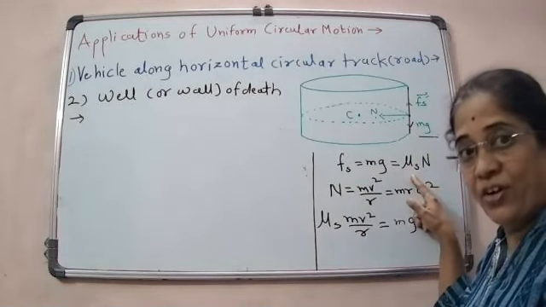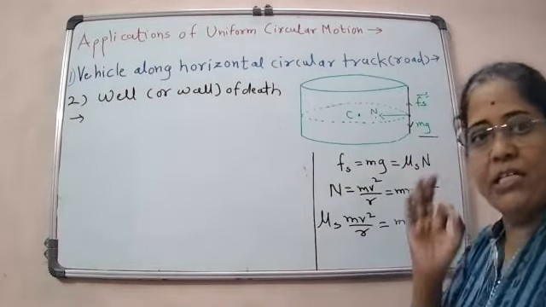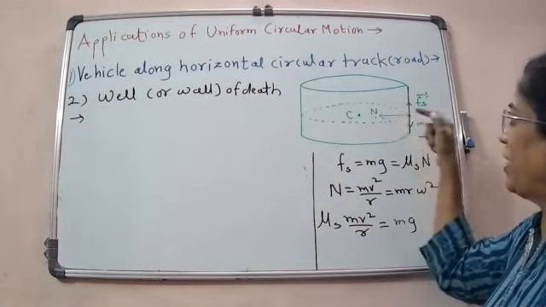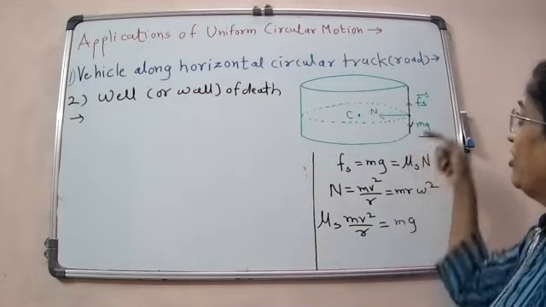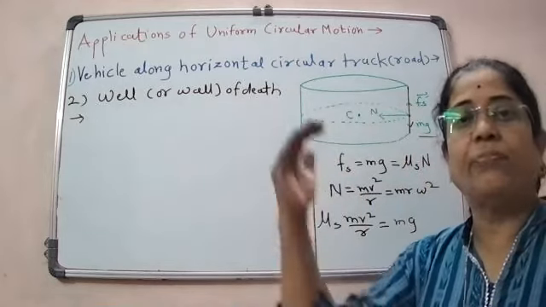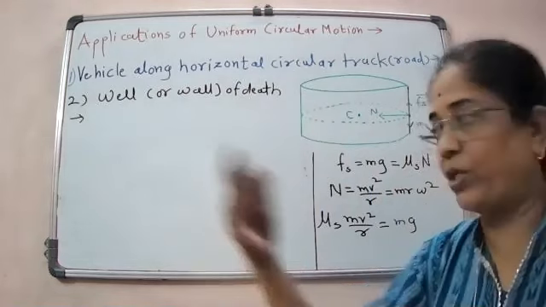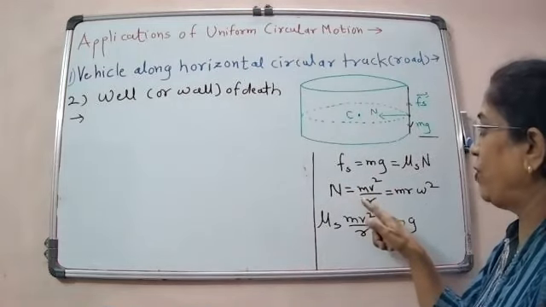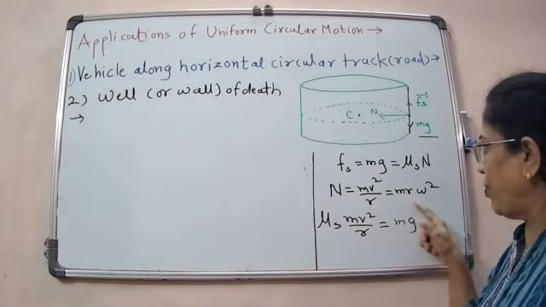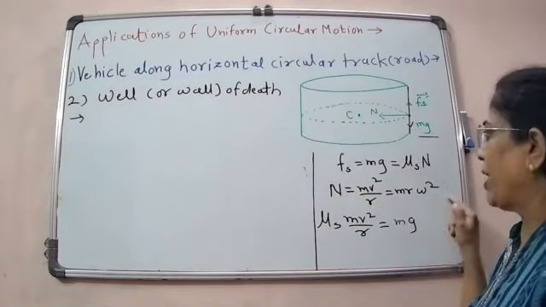What is mu s? It is the coefficient of static friction, and N is this normal reaction. And we know that this normal reaction provides the necessary centripetal force for circular motion. So this N is equal to the centripetal force, mv square upon r, which also has the formula m r omega square.